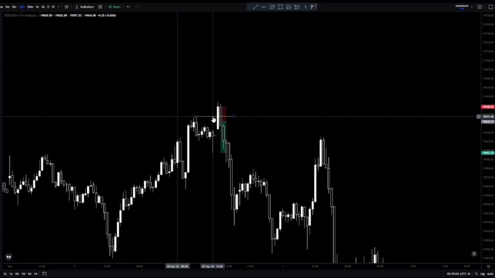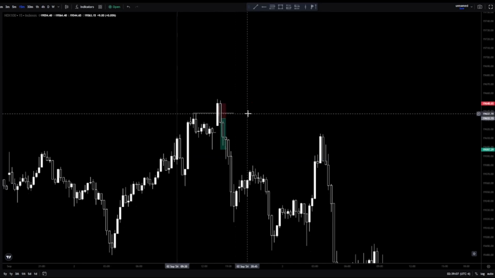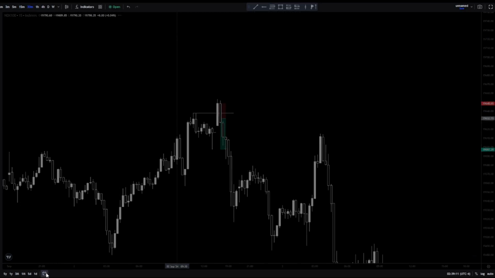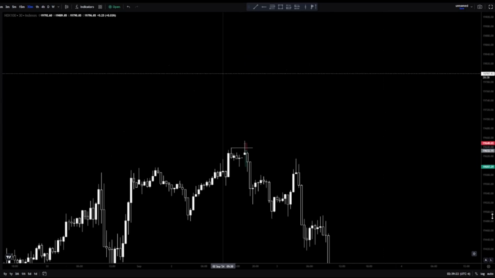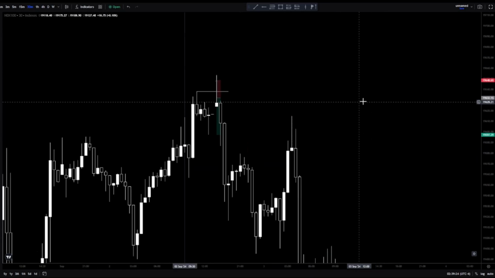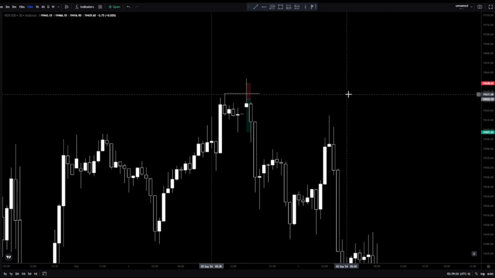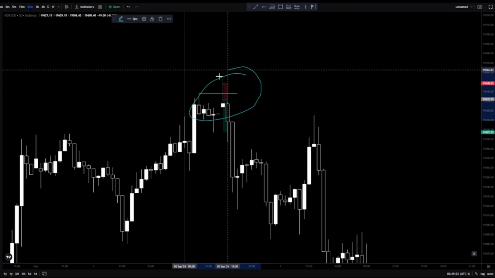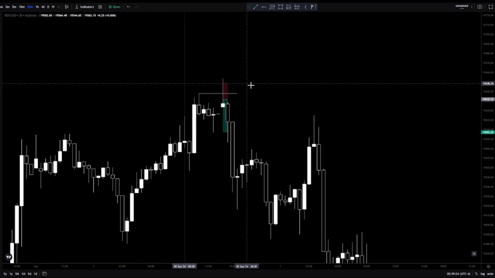Like I said, we only take wicks here, but you can see bodies. So let's go to 30 minutes. This is what I mean when I say liquidity sweeps by just a wick. You can see right here how it swept the liquidity without getting the body above that level.